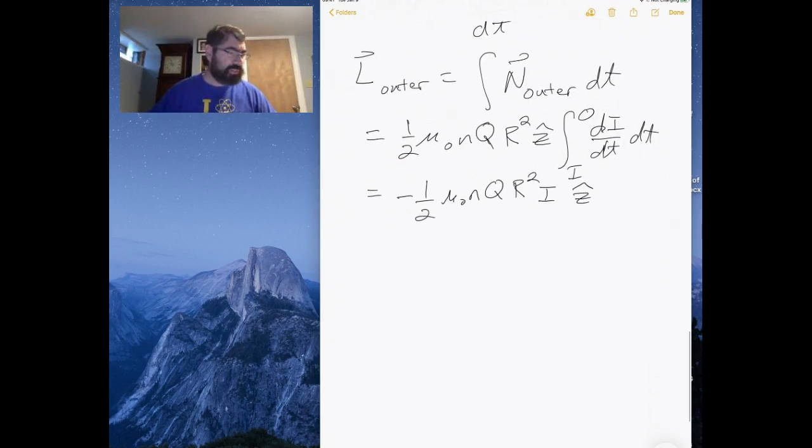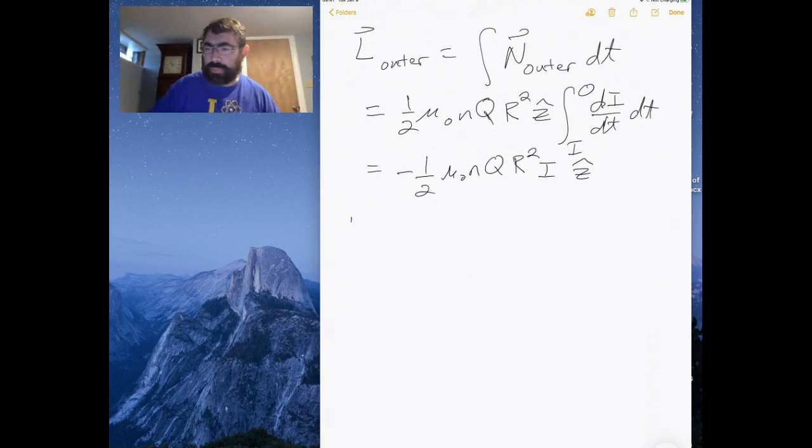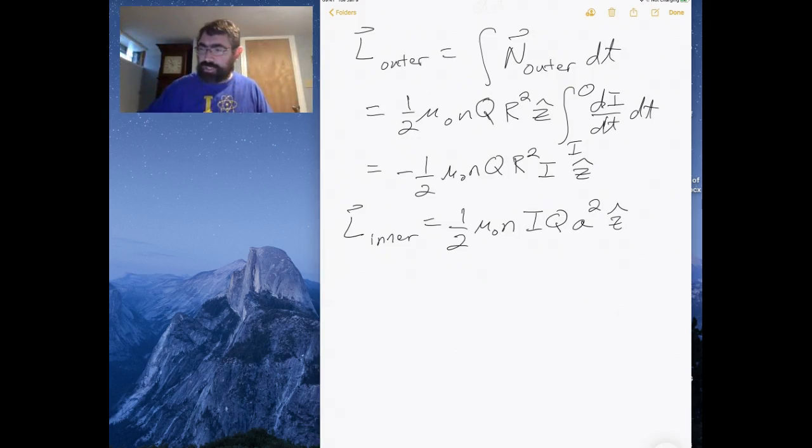For the inner, I could repeat the exact same procedure by taking that equation for the torque and then integrating with respect to time. What you would find for the inner is I would get 1/2 mu 0 N I Q A squared in the Z direction.